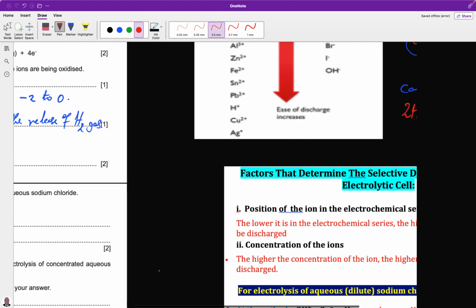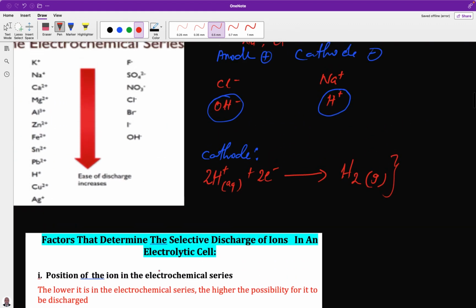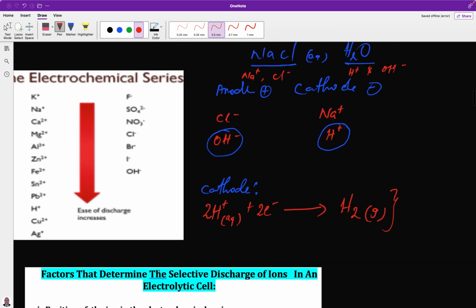Let's go back to the explanation. There are two ions here. There will be no OH again. Instead of the OH, what is going to be released will be the chloride ion, because the OH was coming as a result of the water.